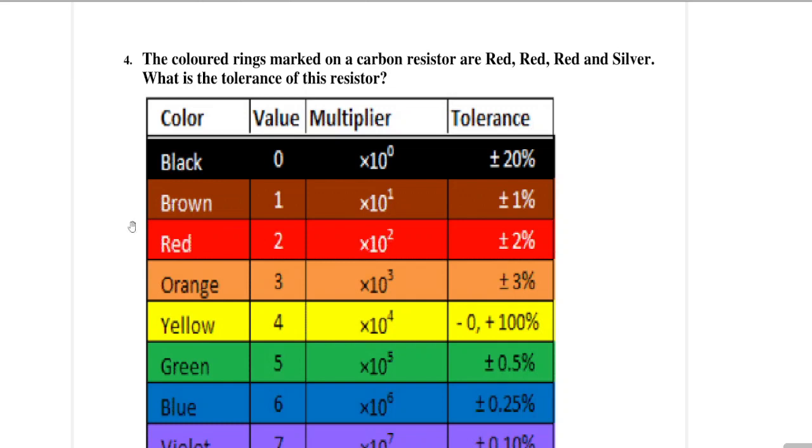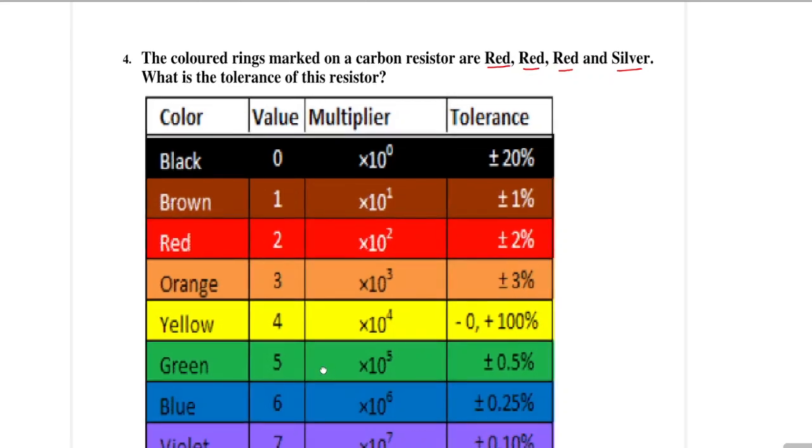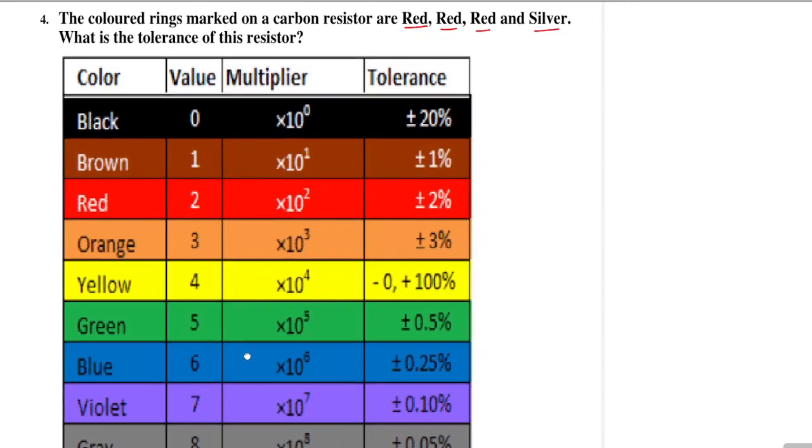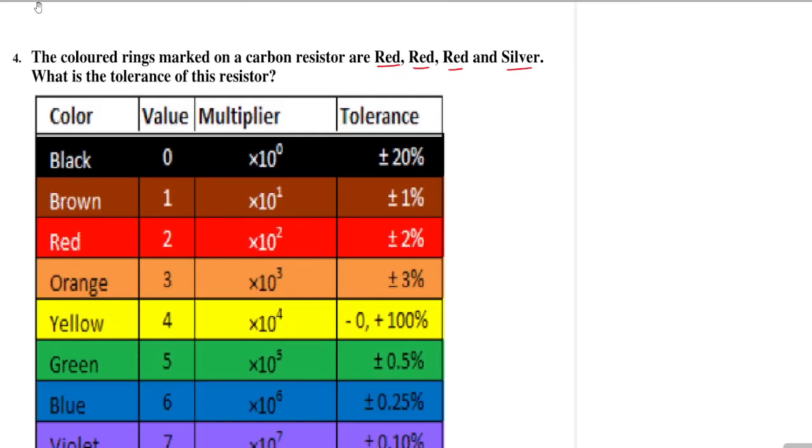Question 4 says, the colored rings marked on a carbon resistor are red, red, red and silver. What is the tolerance of this resistor? If they ask you to find its resistance, in that case it would be different, but here it's only tolerance.